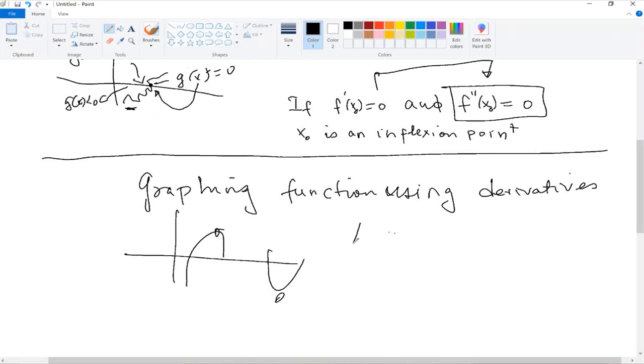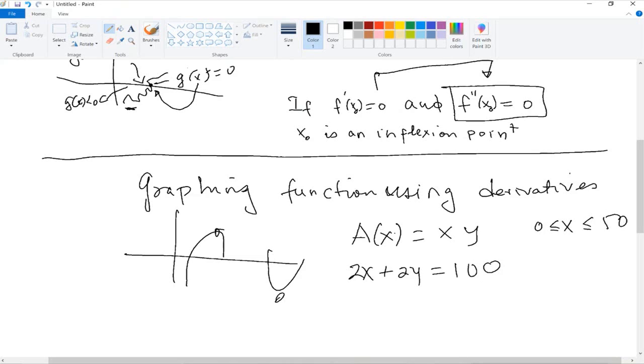I have A(x) equal to xy, 2x plus 2y equal 100, right? I got the idea that x is between 0 and 50, and find the maximum, if it exists, of A(x) when x is between 0 and 50.